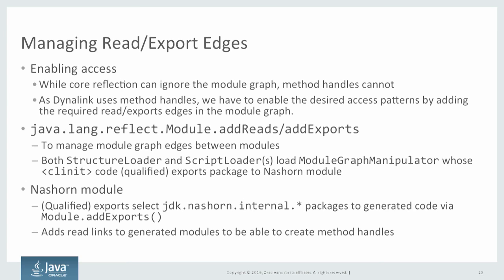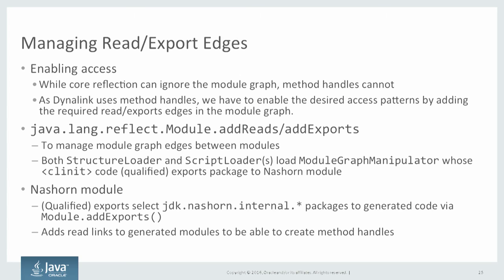The module graph manipulator class mentioned here is part of Nashorn. And the structure loader and all script loaders load this class individually. And in its static initializer, the required addReads, addExports calls are done.